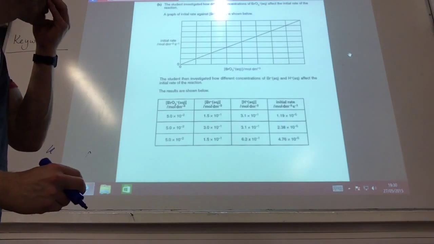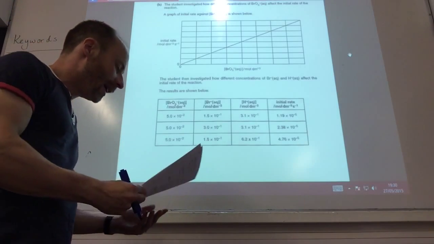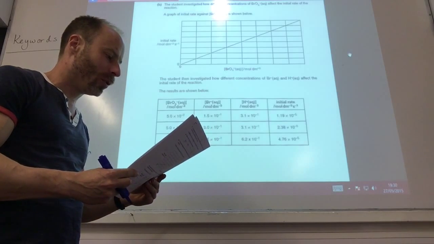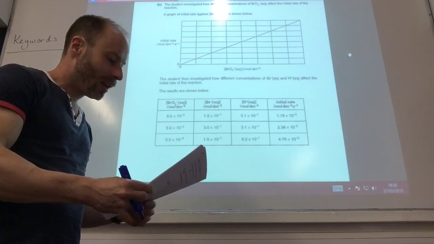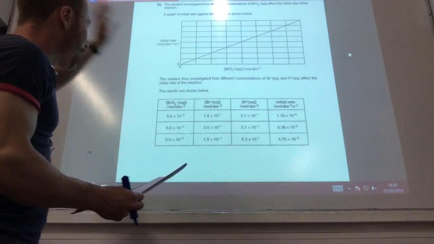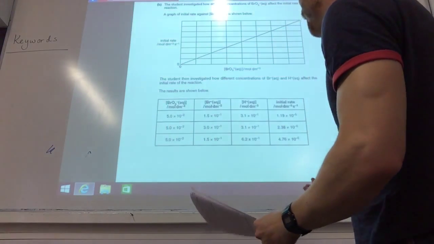Right, okay, so I've now got some rate data, and what they're going to ask me to do is use these results to work out my rate equation and then calculate the rate constant. So let's do that. First of all, I'm going to look at the rate for BrO3 minus.